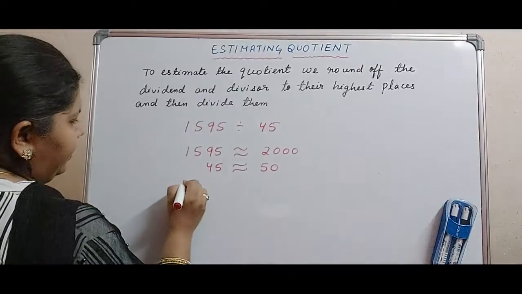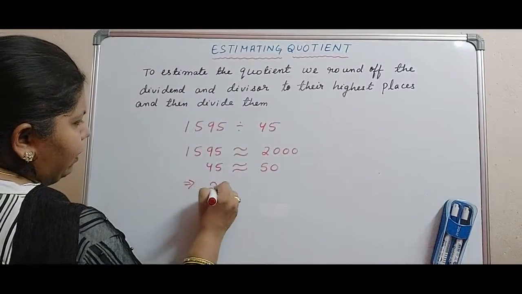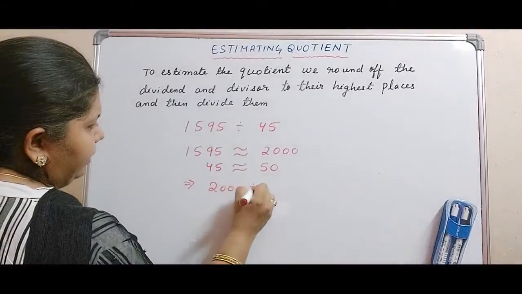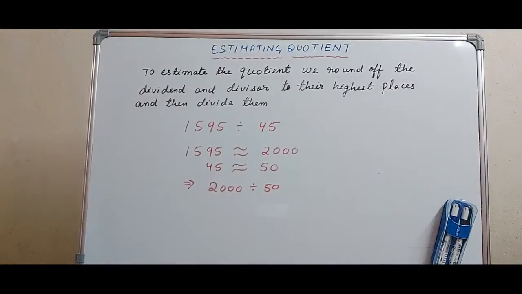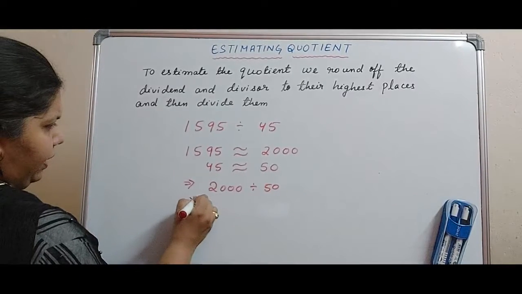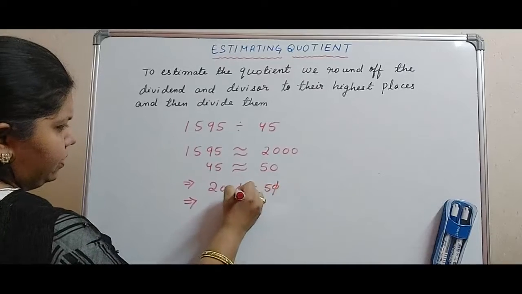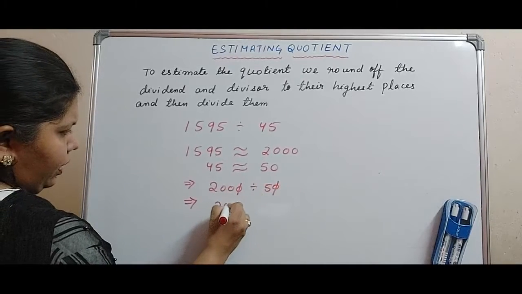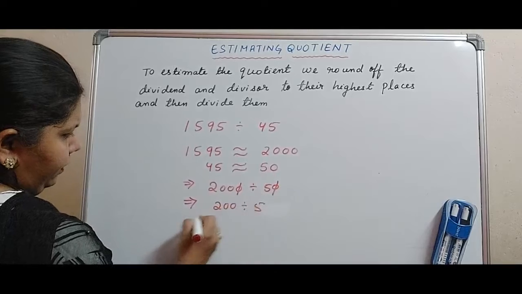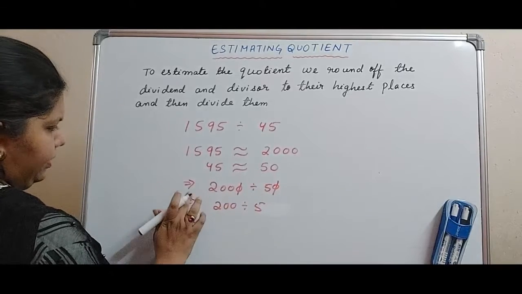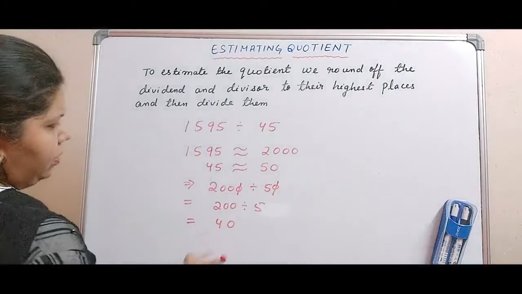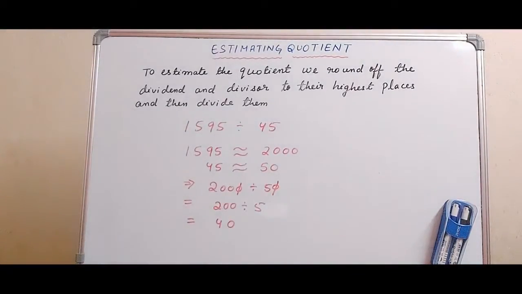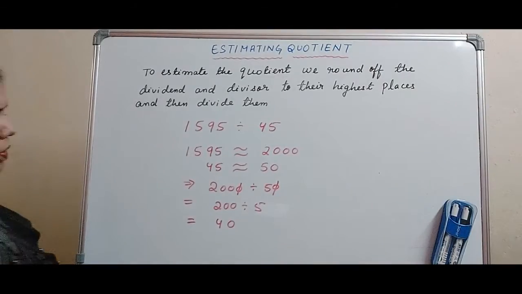Now we can just divide them. We get 2000 divided by 50. This 0 and this 0 get cancelled, so 200 divided by 5 is equal to 40, because 40 into 5 is 200. So in this way we got the answer.